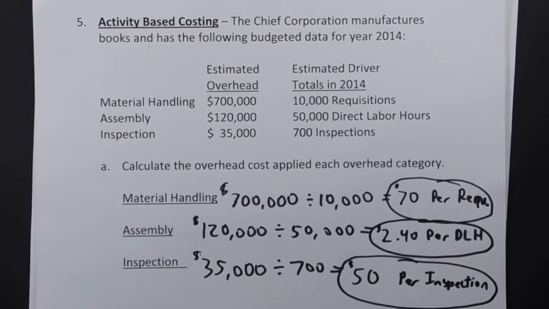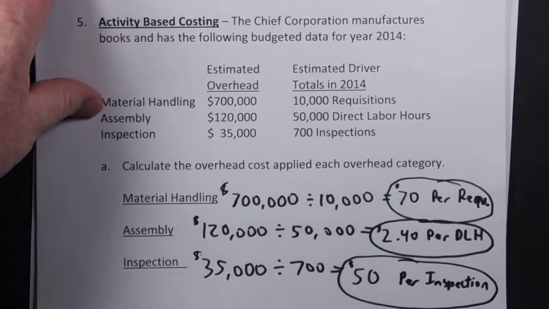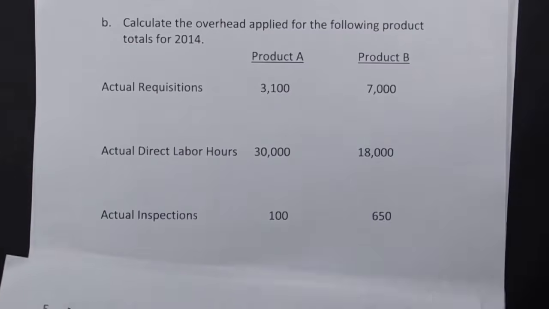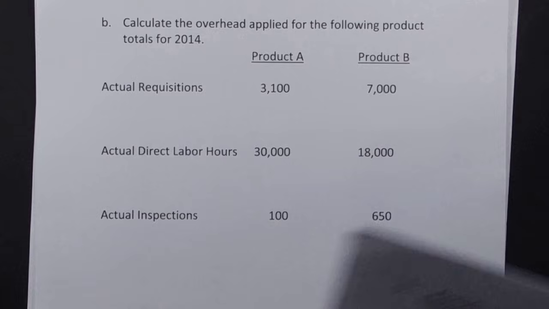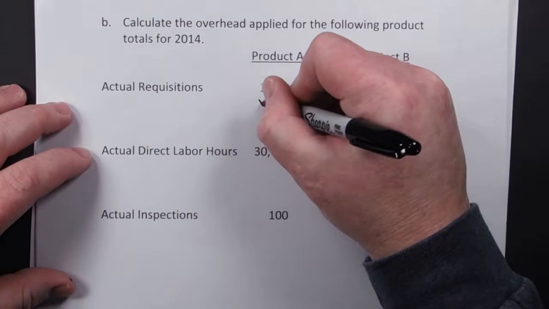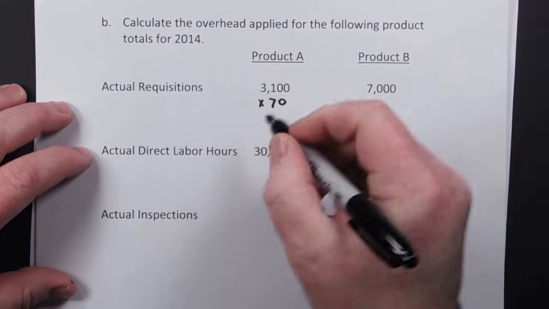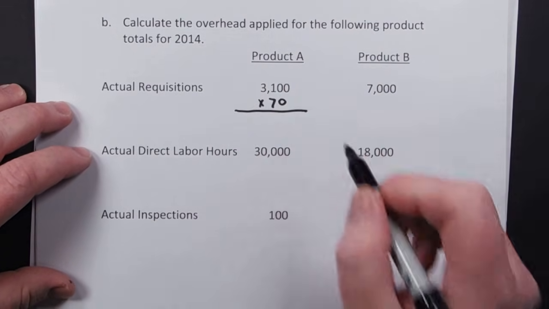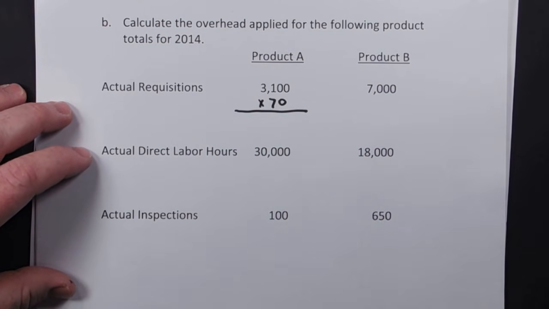All right, well, let's go to B. Now, you know something on B, we have two different products. So it's going to be important for us to know how much to apply to each product. So we're going to use our predetermined rates to apply these to each one. So our requisitions at $70 each for product A, we get 3,100.